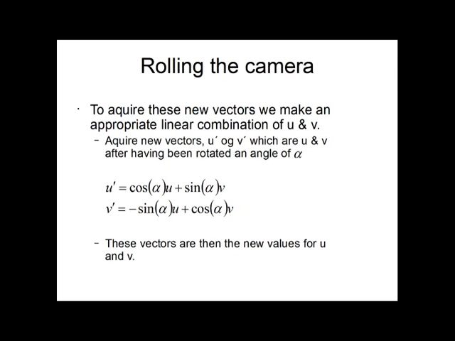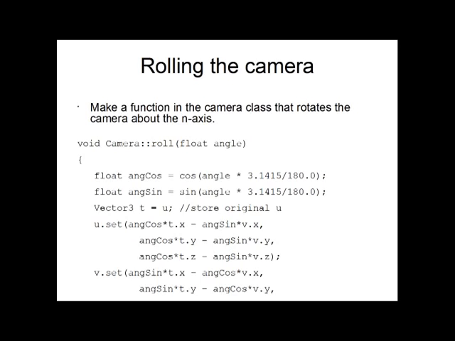Finally, we can do the same type of rotation, except switch out v for n or u for n, and then we'll have rotations about the other two vectors in the same way. Of course, the new u vector and new v vector have to actually overwrite the original u and v vectors. So in a program, it should look like this.